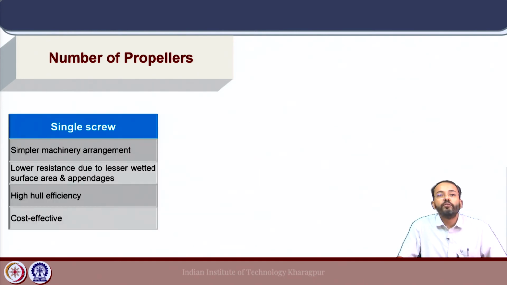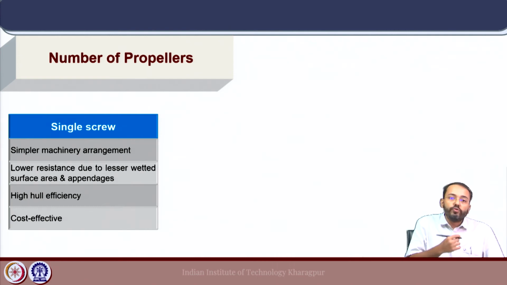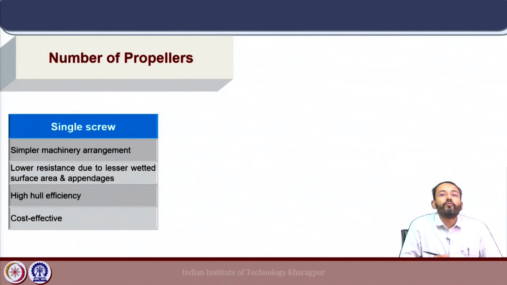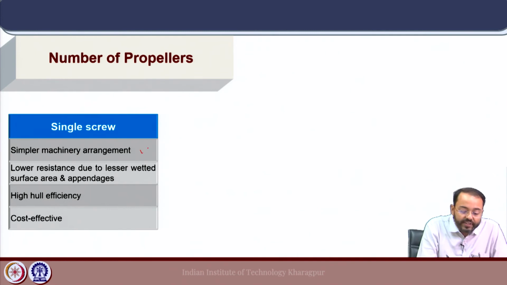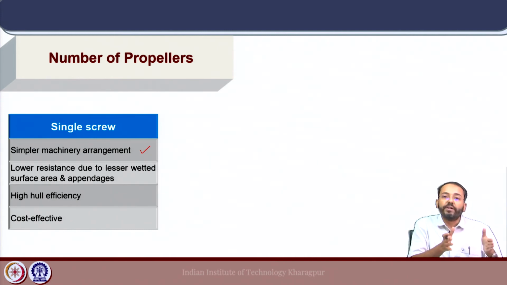Now, let us look into the aspects of single screw propulsion. That means, if we choose a single propeller to provide the thrust for a particular ship design, what are the characteristics of that design? So, the first thing is we have a simpler machinery arrangement, because the engine, shafting and the other supporting structures are only for that particular propeller.